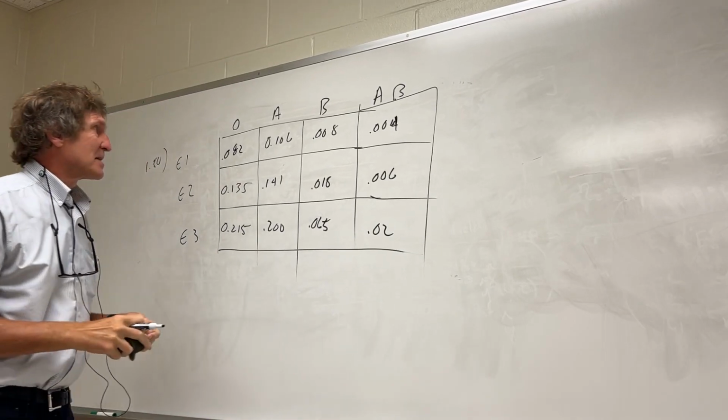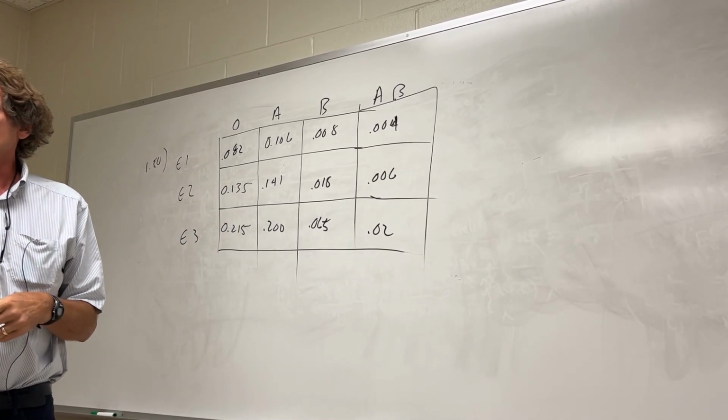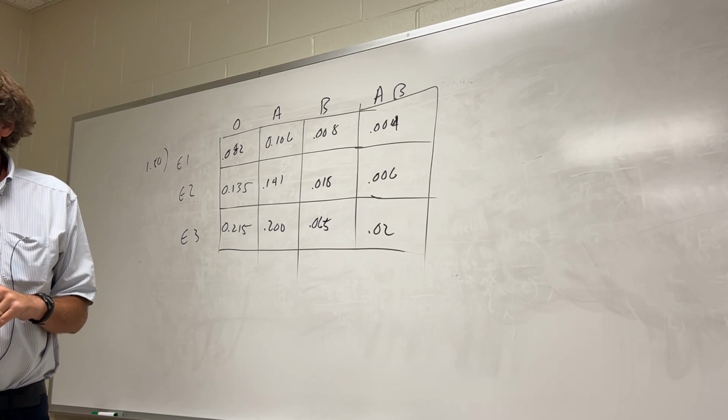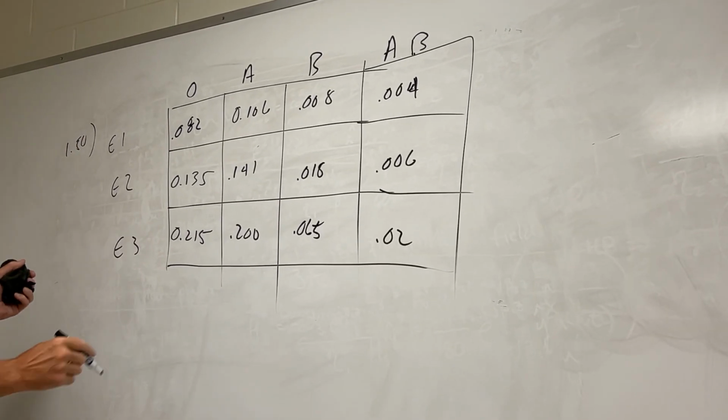All right, so that's the fractional amount that each have these different types of blood type. These are the ethnic groups. There's 3 different ethnic groups.